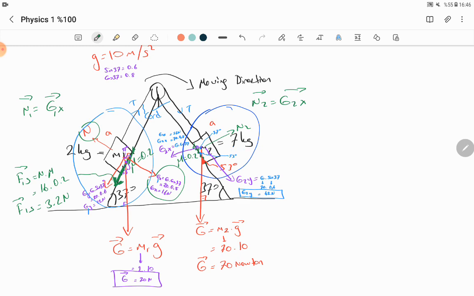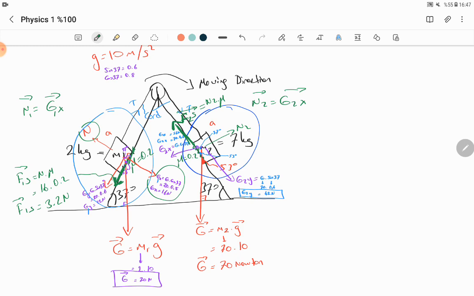And let's look into the second mass frictional force. The second mass frictional force direction is also the opposite of the moving direction, and our system is moving to the right side. That's the second mass frictional force equal to N2 multiplied by mu.